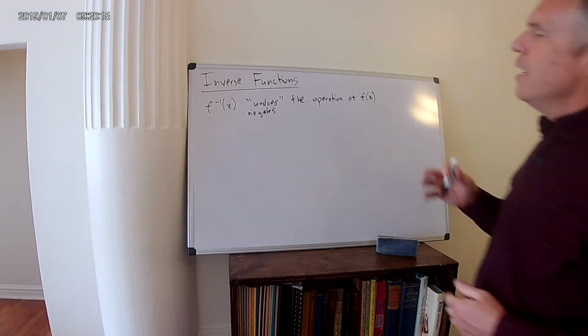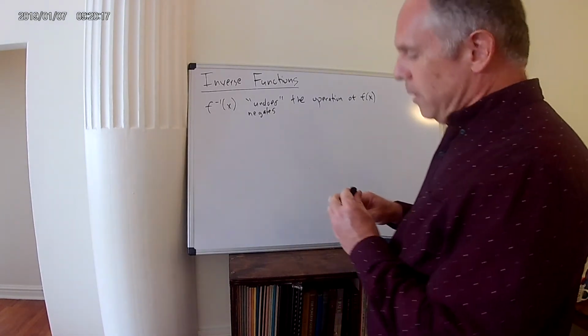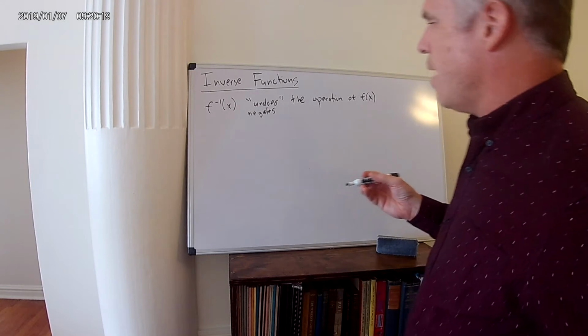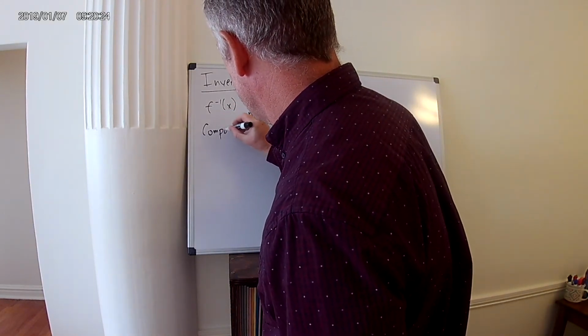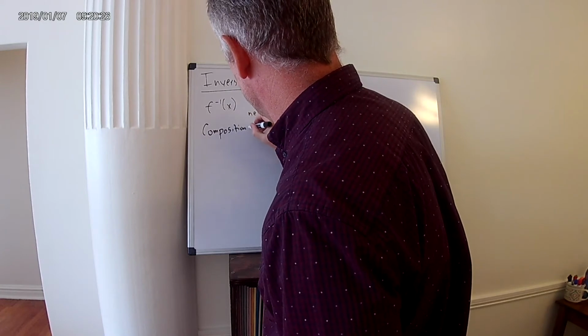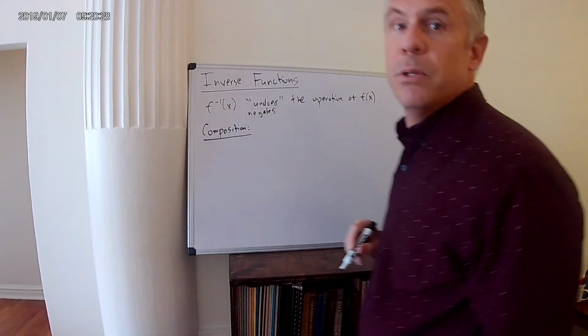And that's important. So I'm going to take a little side note here to talk about composition. We haven't really talked about composition, but good news, folks, you guys are smart. This is a simple topic.